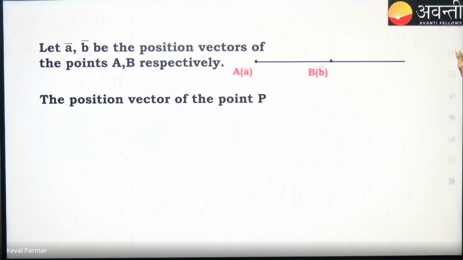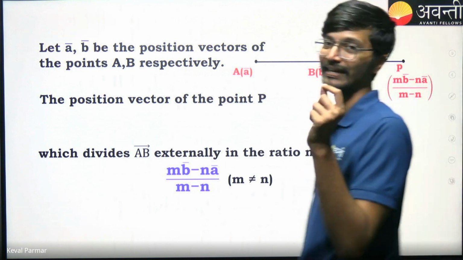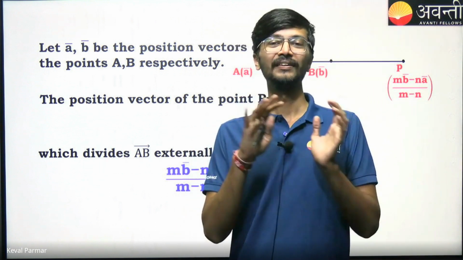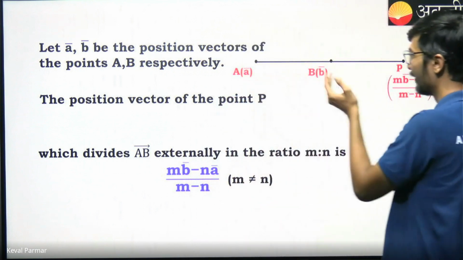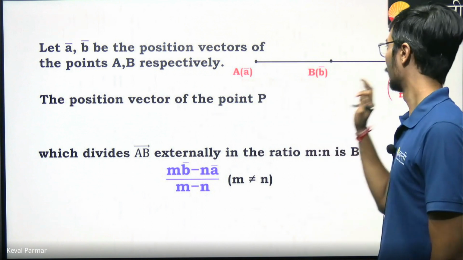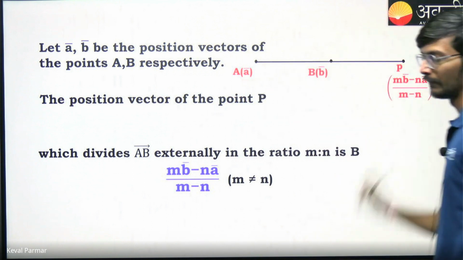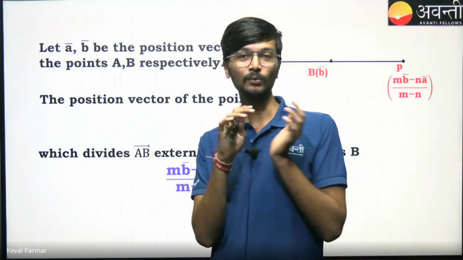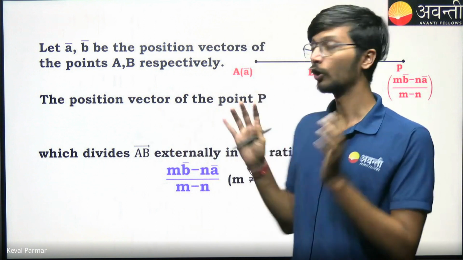The last one that we did was with respect to internal division. Now this is with respect to external division. What does external division mean? External division simply means that the point is outside the line segment. This is the line segment AB, and point P is outside the line segment, which is here. But obviously, for using section formula, these have to be collinear.